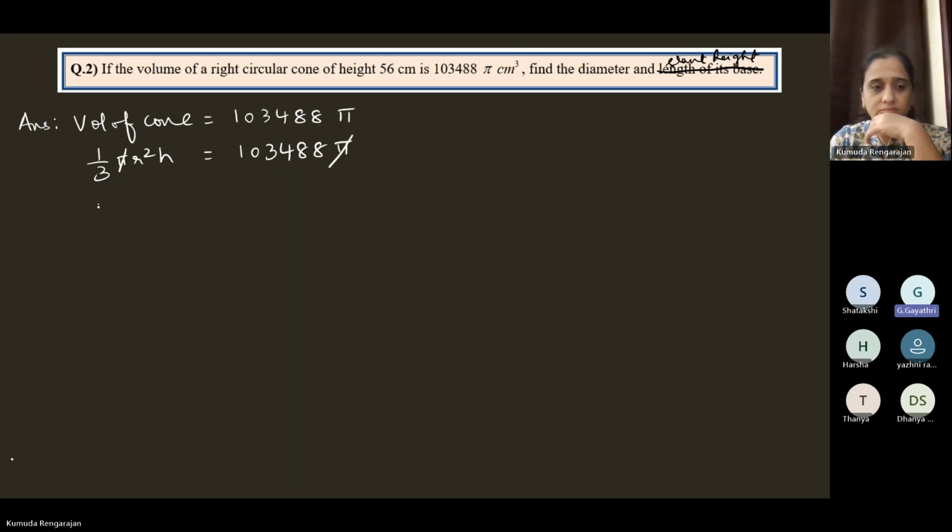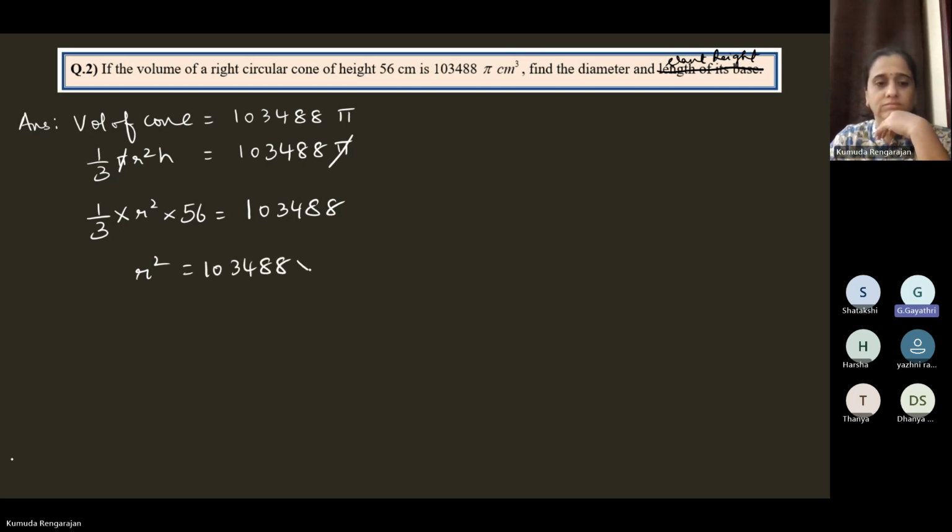So then the height is 56. So 1/3 into r square into 56 is equal to 103488. So r square is equal to 103488 into 3 into 1/56.